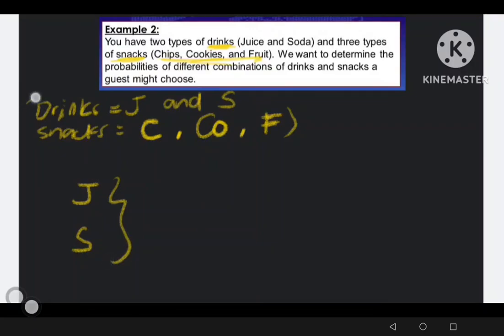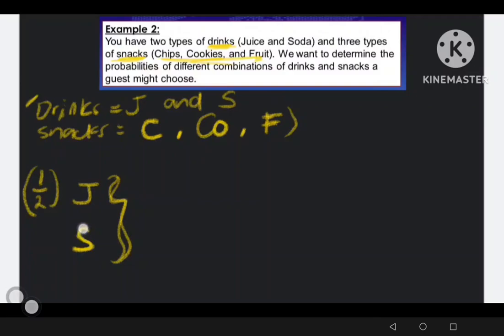Let's start with drinks. Probability of getting a juice of these drinks? We have 1 juice, and then 2 outcomes, 1, 2, 1/2. What's the probability of getting a soda of these 2 drinks here? We have 1 soda, and then 2 results, juice, 1, 2. So still 1/2.